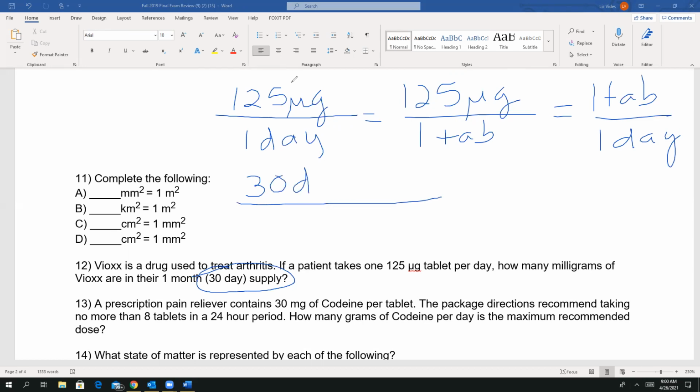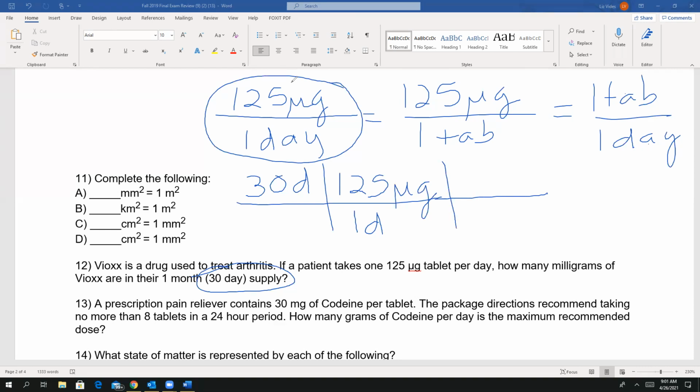Okay, so out of those, the one that makes sense is this one, right? Because we have 1 tablet per day, so we know that that's an equivalent thing. Okay, so we start for every day, we have 125 micrograms. But didn't they ask us how many milligrams there are? Okay, so 1 microgram.